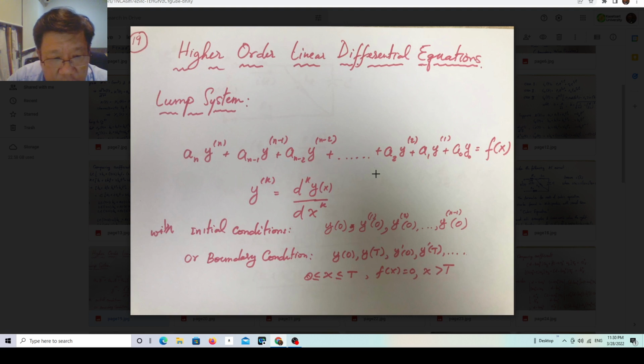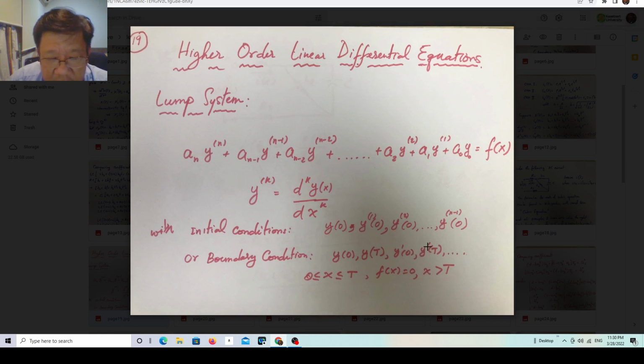Suppose n is the largest order in the equation. Therefore you need initial conditions or boundary conditions equal in number to this highest order.